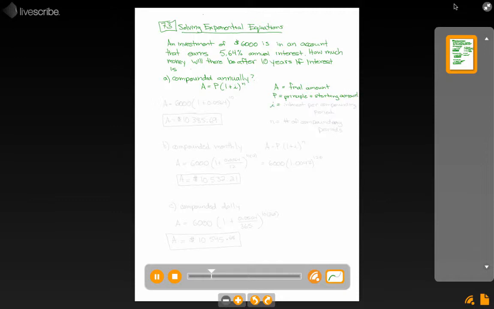I is your interest per compounding period, how much interest you're getting each time they compound it. That's important that you write it that way and not just annual interest, because n is the number of compounding periods. Now, it's not always the number of compounding periods.